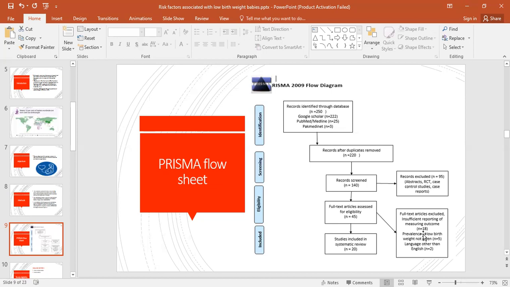The total number is 18, in which the prevalence of low birth weight babies was not given, that are 5 in number, and the language other than English are 2 in number. And from these 45, the 25 articles are excluded, and then only 20 articles remain that are used in this systematic review.